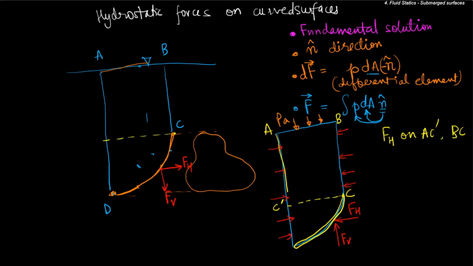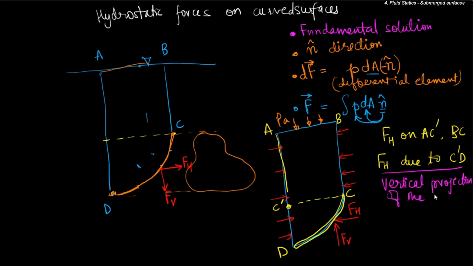So the only horizontal force acting on the entire element is due to C prime D, where C prime D is actually what? It is the vertical projection of the object.